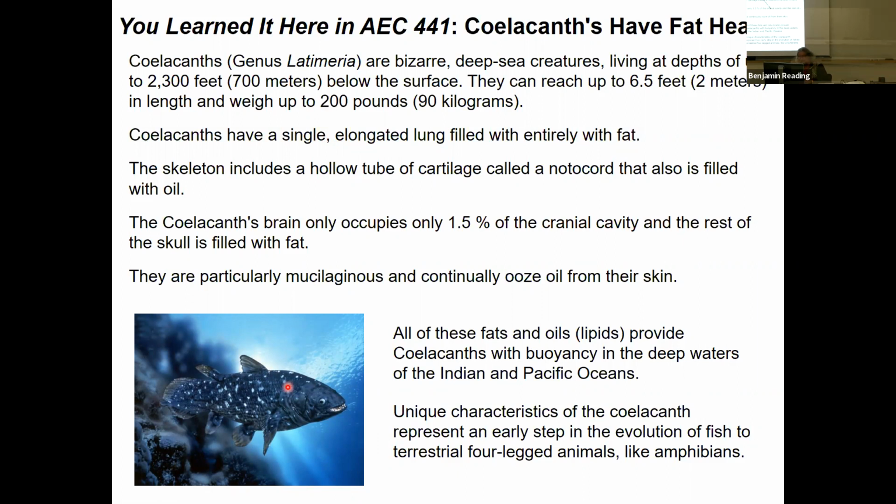Now, they don't have a physoclistous swim bladder, because I said that's a characteristic of advanced derived fishes, perciforms. The coelacanth is a sarcopterygian. It's a lobefin fish. These things have been around before the physoclistous swim bladder existed.